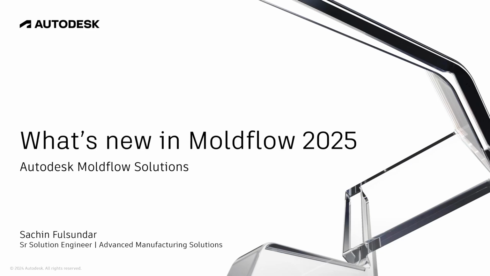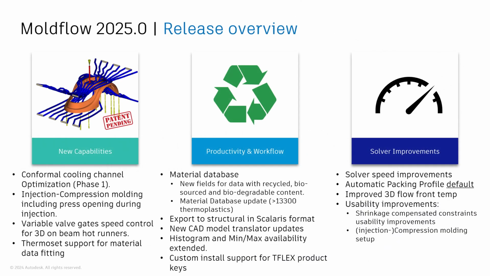In the earlier episode, I'd like to give a little glimpse of what we discussed. We started with the new capabilities like conformal cooling, channel optimization, injection compression, and variable wall gate speed control that are now applicable for the 3D mesh onto the beam hot runners.